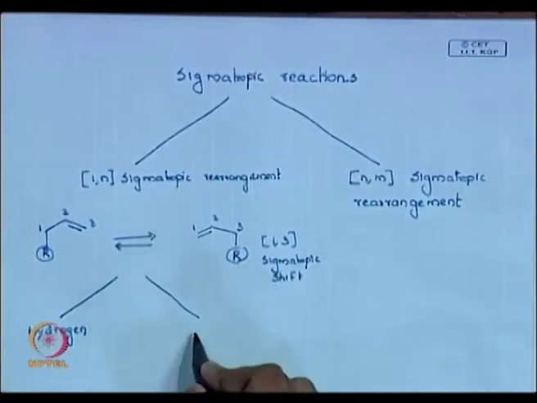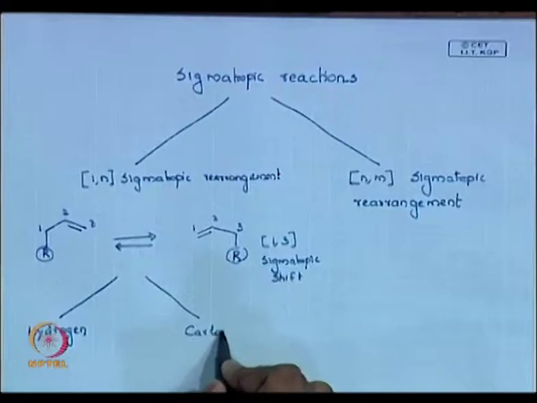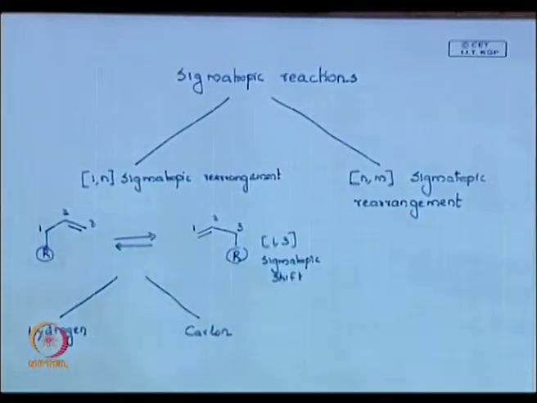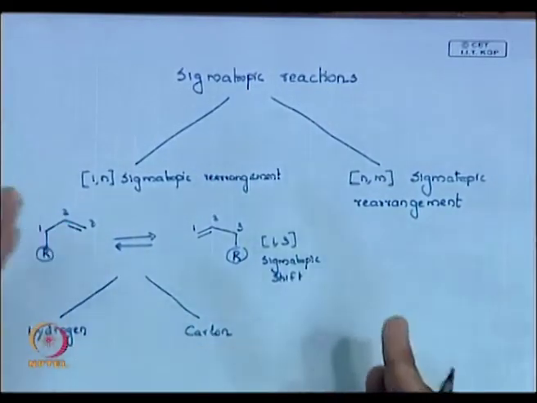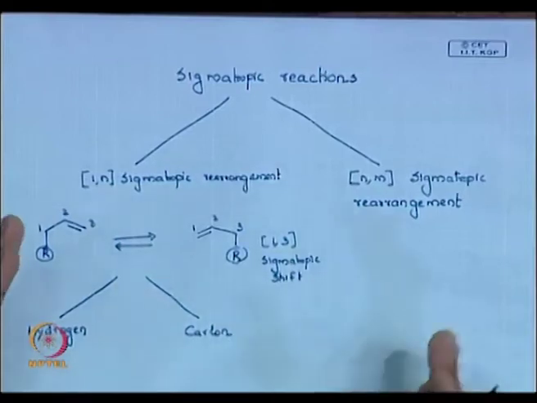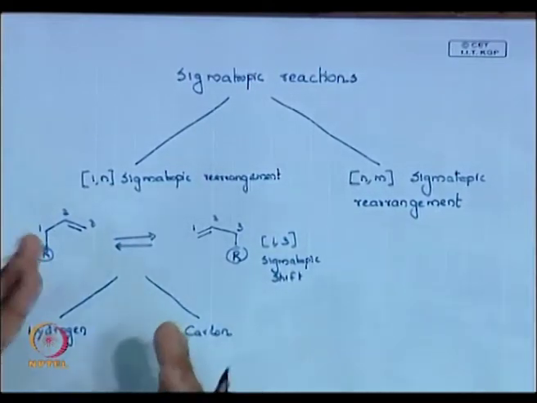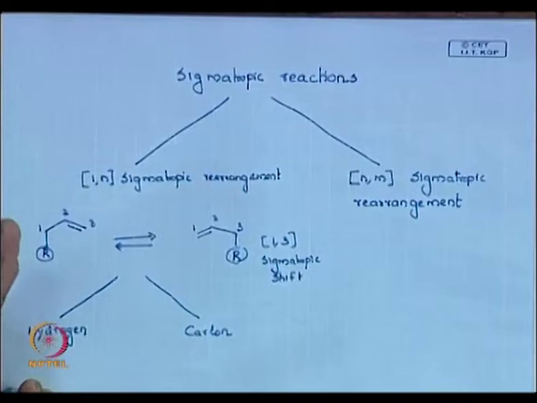Or you discuss carbon. Either you see a hydrogen shift or you see a carbon shift, or a methyl or whatever carbon shift. These are the two big classes of your 1,n. So, sigmatropic shifts are classified as 1,n and n,m, and in 1,n I can further classify them as 1,n hydrogen shift as well as 1,n carbon shift.